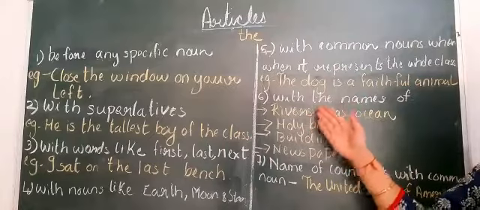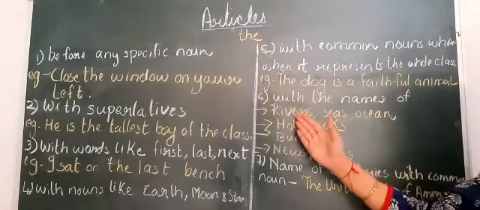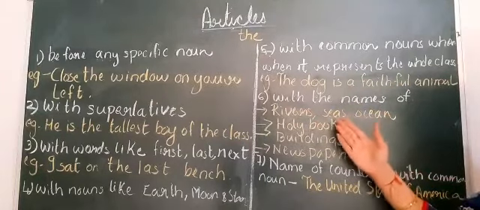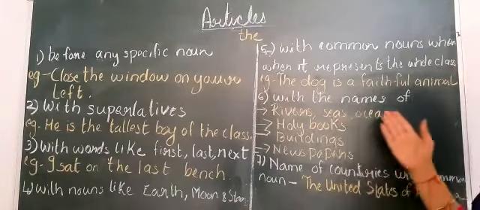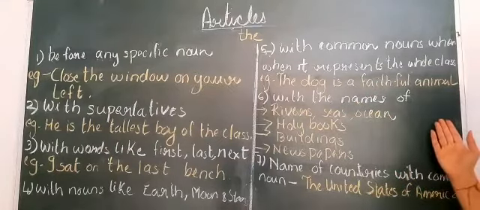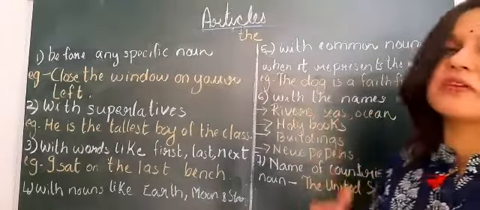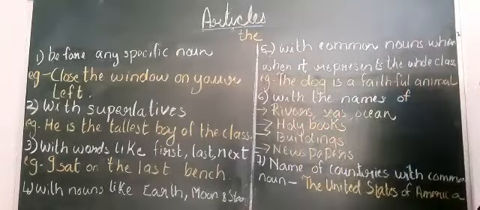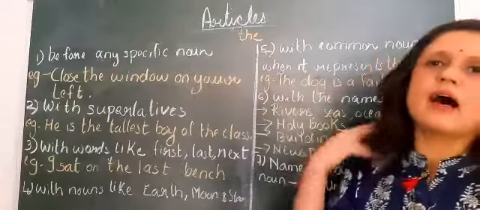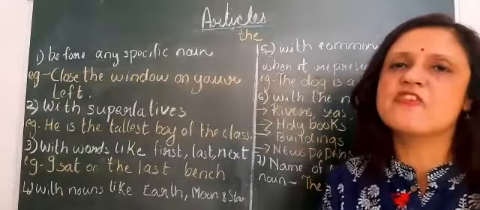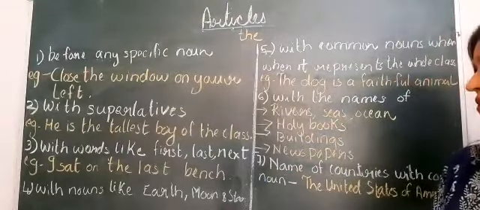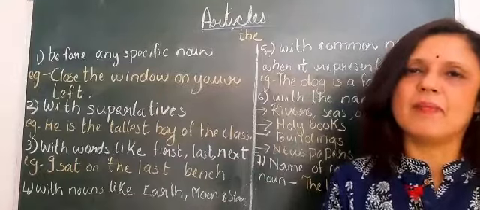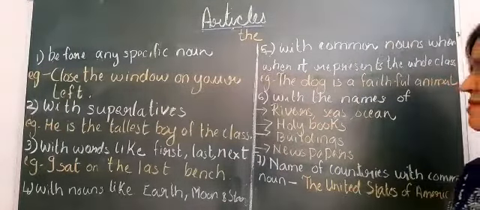Next, with the names of rivers, seas, oceans, like the Ganga, the Yamuna, the Brahmaputra, we use the article "the". Then with the names of holy books like the Ramayana, the Mahabharata, we use the article "the".